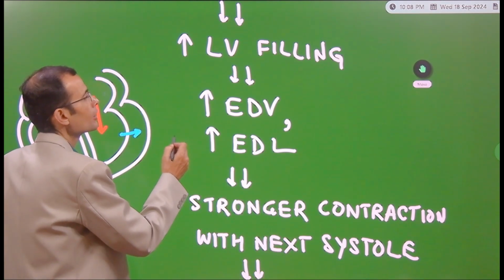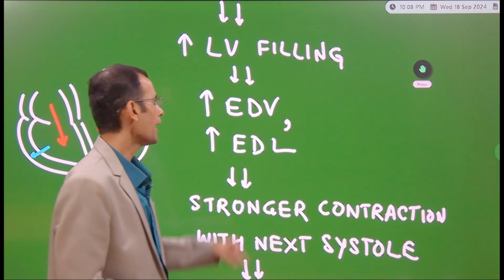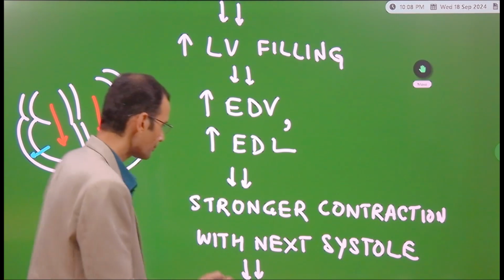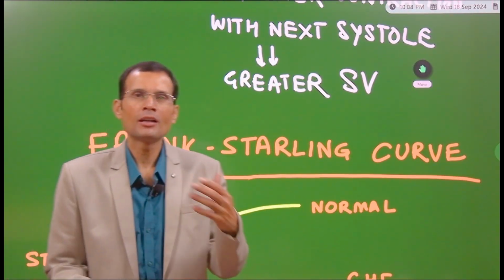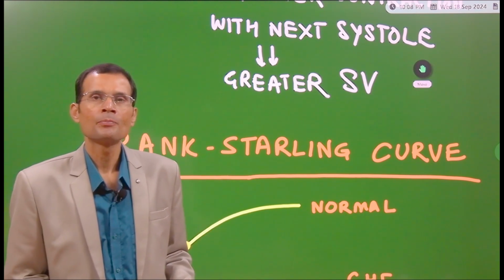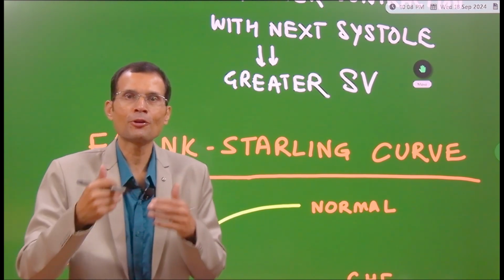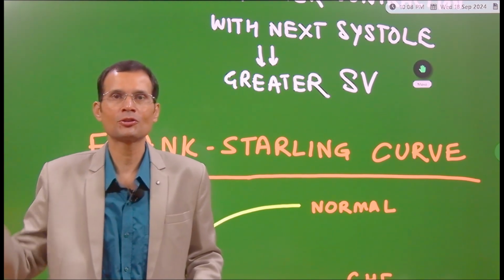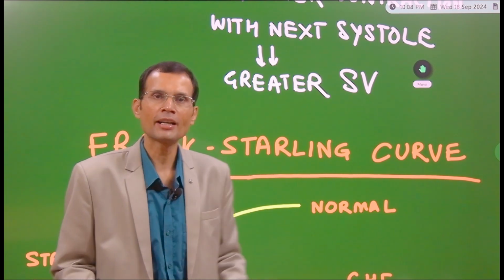That is, stroke volume is proportional to the end diastolic volume and end diastolic length. The only thing that was to be understood here clearly was that the end diastolic length is the starting length for the next systole.